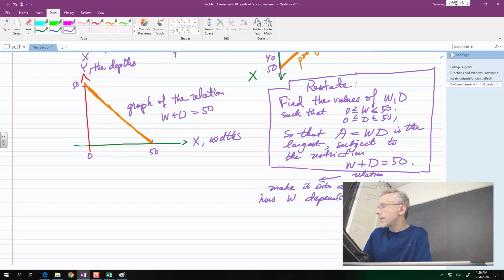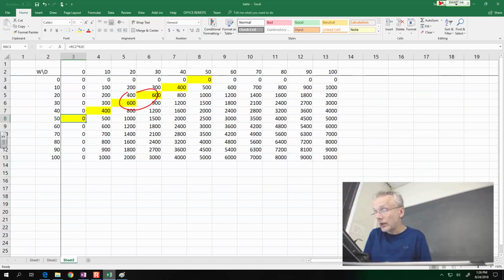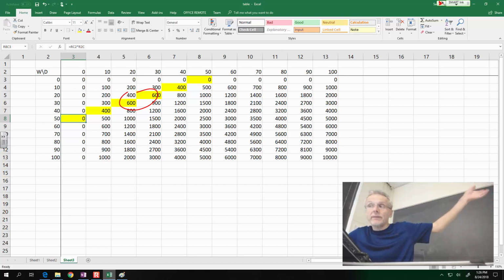If W is 20, then D has to be 30. That is the nature of the function, right? If you know D, you'll know W. That's a function. For every single D, there will be only one W. You can see it here. If you know W, you know D, and vice versa.